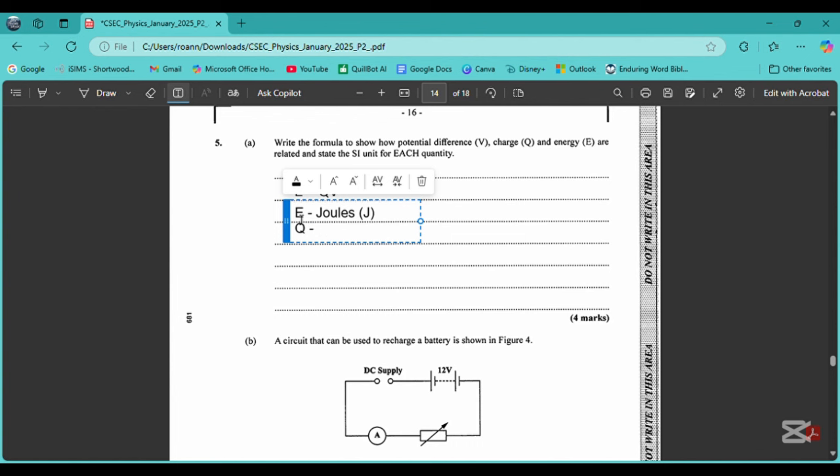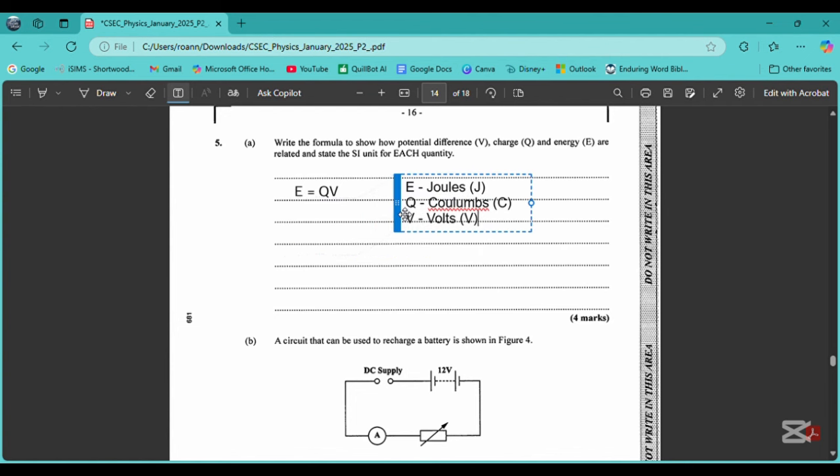Therefore, it is measured in coulombs, which is a capital C. And V is potential difference or voltage, which is measured in volts, which is a capital V. Now please ensure not to confuse charge with current. Charge is Q and measured in coulombs, while current is I and its unit is amperes.